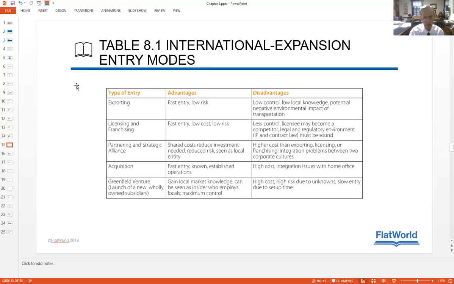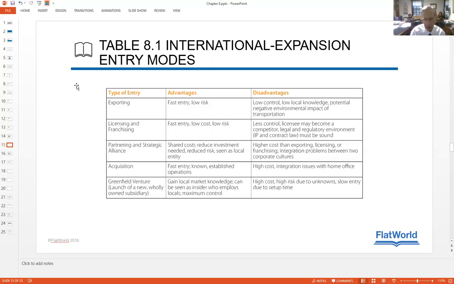Okay, now we move to some tables that, both in these slides prepared by the publisher as well as your textbook, are regrettably faint. They're hard to read because the print isn't very dark.